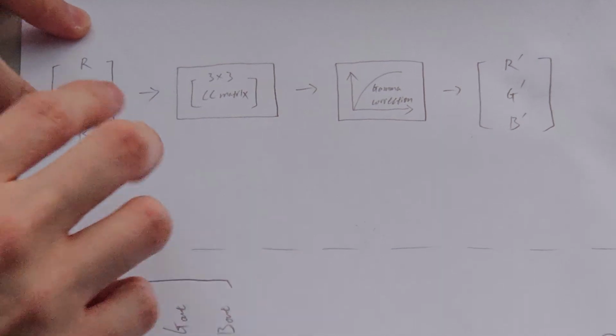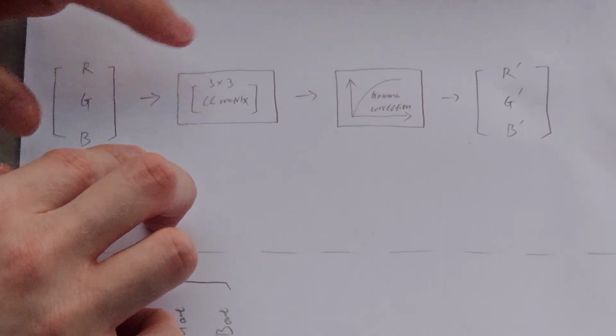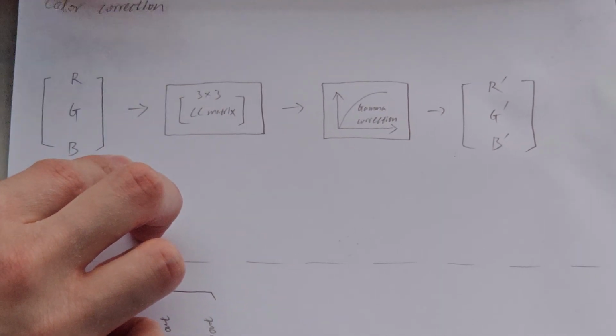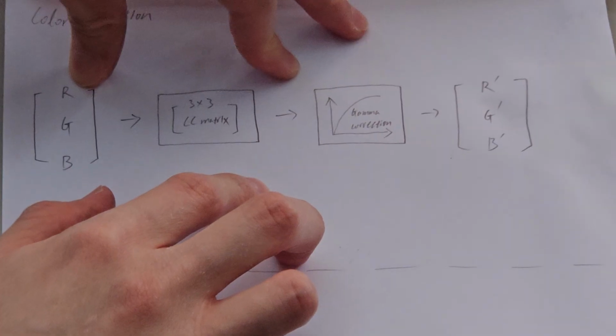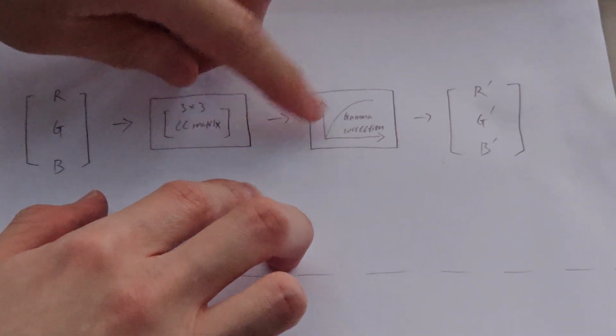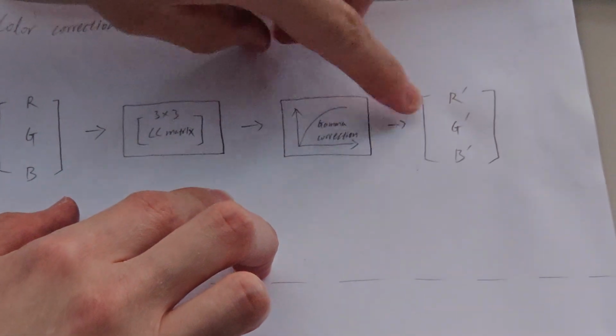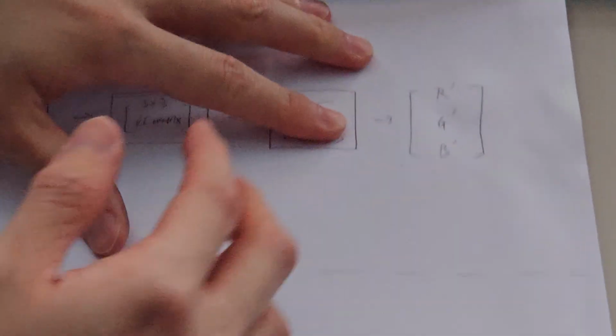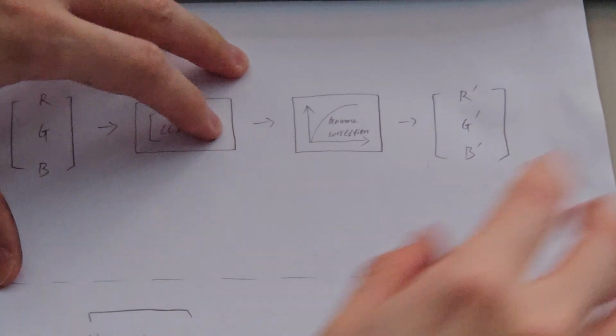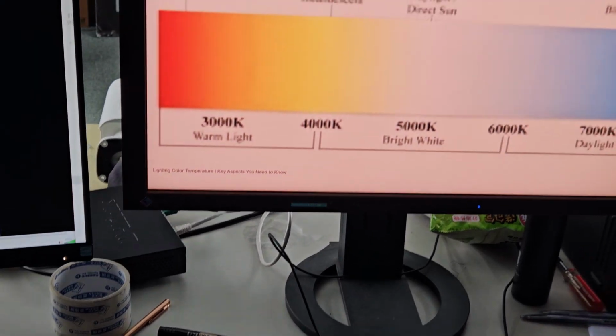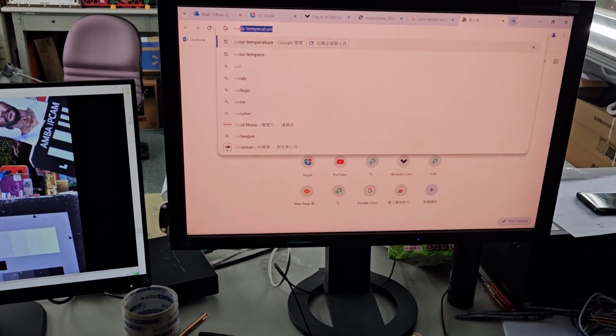Yeah, so when we solve for the parameters within the 3x3 matrix, this will be taken into account. And how do we know the target value? The target value could be found in here.